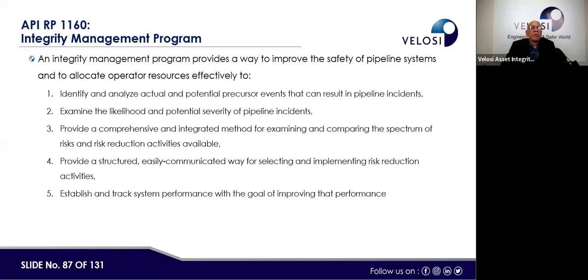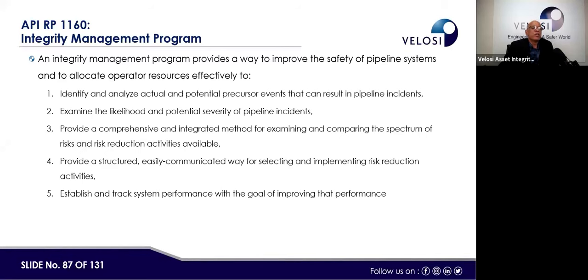It provides a comprehensive and integrated method for examining and comparing the spectrum of risk and risk reduction activities, a structured, easily communicated way of selecting and implementing risk reduction activities, and establishes and tracks system performance with the goal of improving that performance.